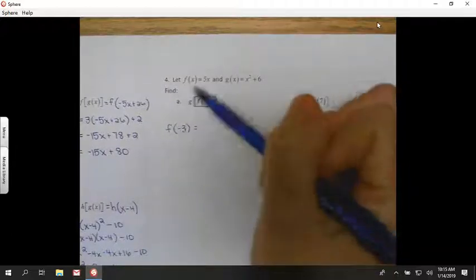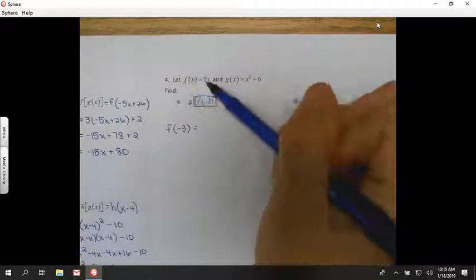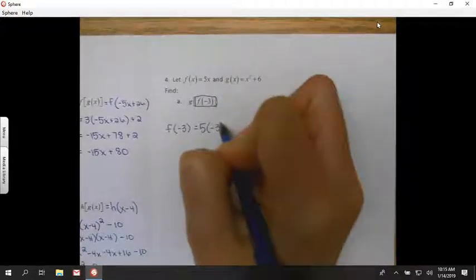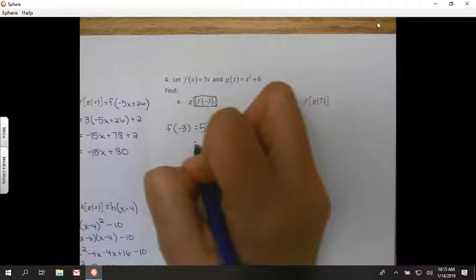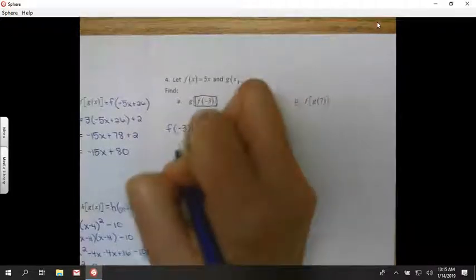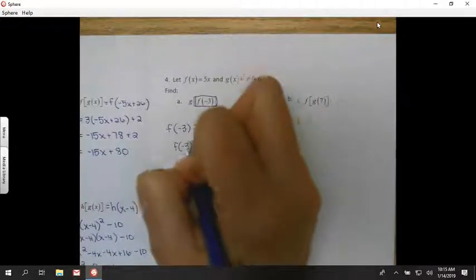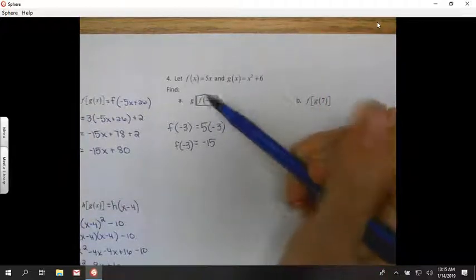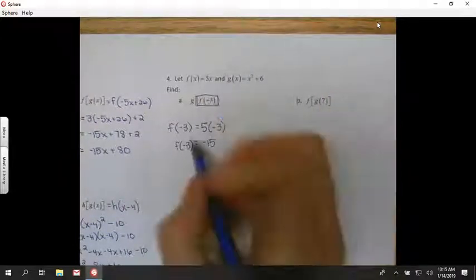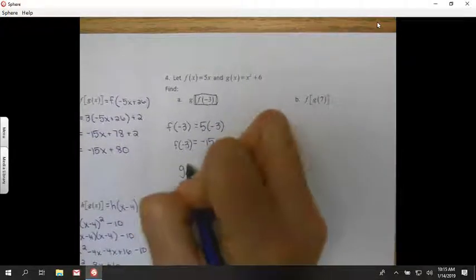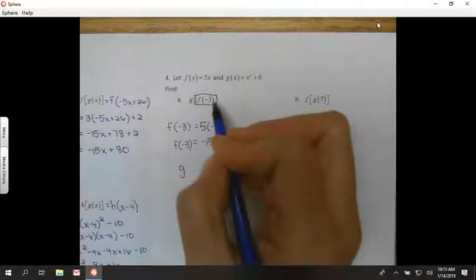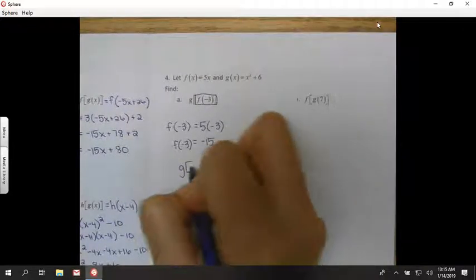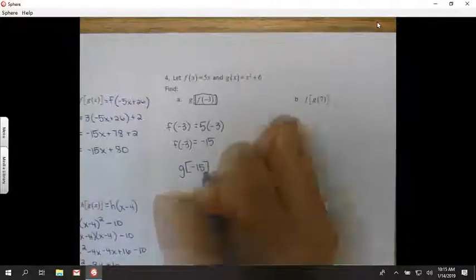That means go to my function f, and anywhere that there's an x, replace it with negative 3. So 5 times negative 3 is a negative 15. So that means this whole inside right here is really a negative 15. So instead of writing it as g of f of negative 3, we just found that f of negative 3 is negative 15.